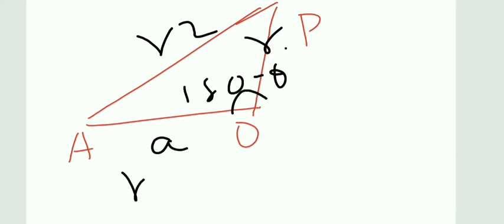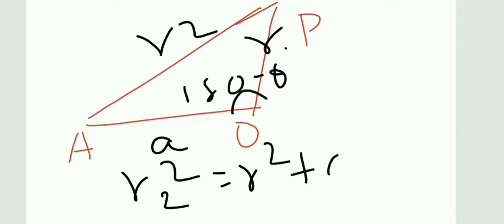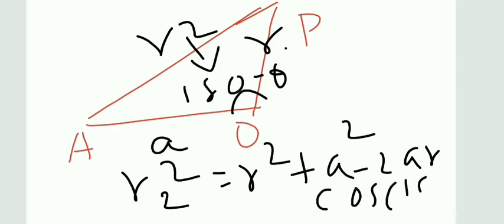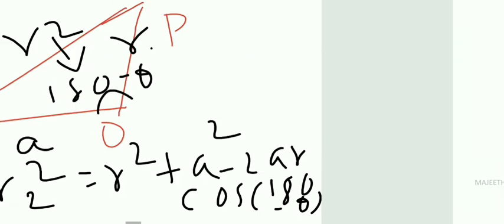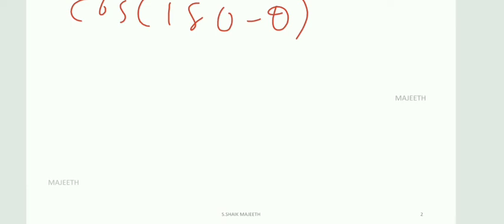So r2 squared is equal to r squared plus a squared minus 2ar cos of the angle opposite to r2, which is 180 minus theta. We know that cos of 180 minus theta is equal to minus cos theta.